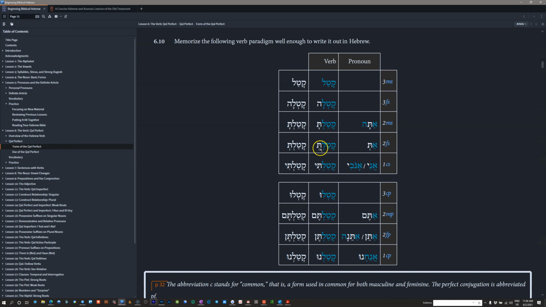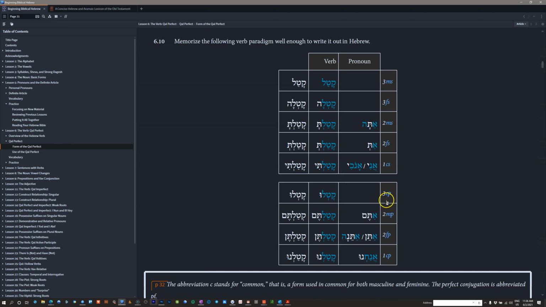It's still one syllable here. But when we add the consonantal suffix with a vowel in it, we've now got 3 full vowels in this word. And so we don't want to say katalti, we want to say katalti. And that just makes it easier to pronounce. So that's why the 2MS form and the 1CS form, as well as the 1CP form, will actually have their accent on the second to last syllable.